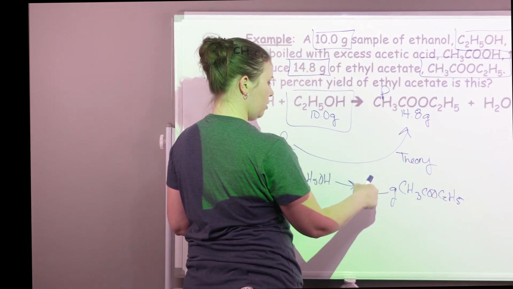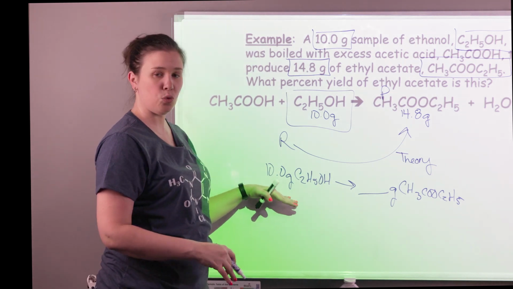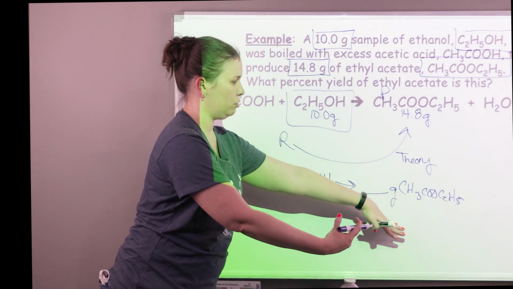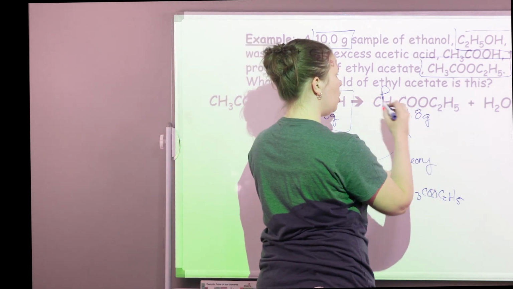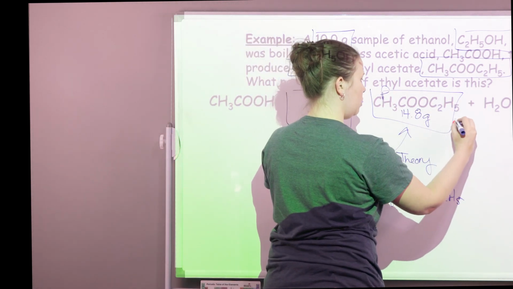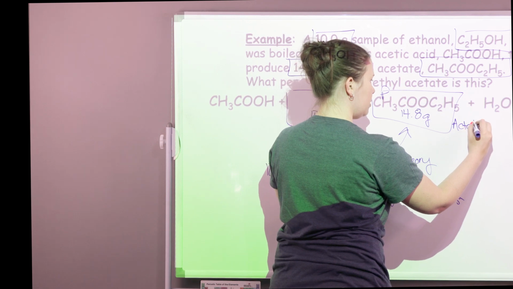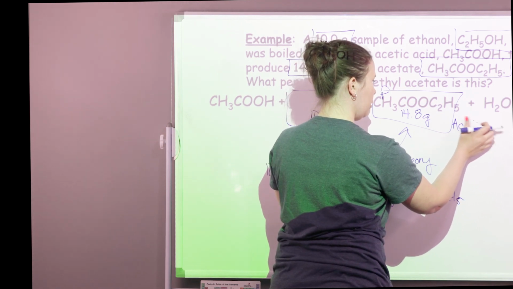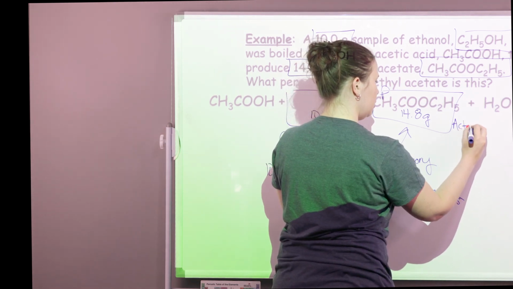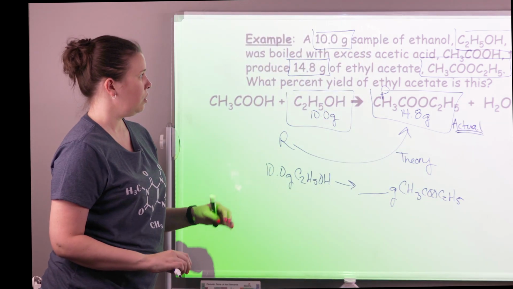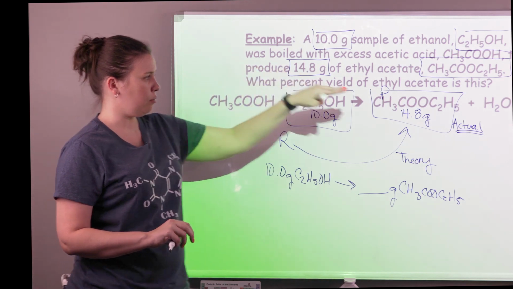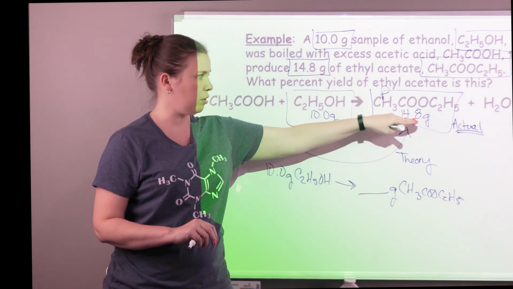That's going to give me my theoretical yield. How much would this reactant actually produce? Then we're going to compare that to how much actually was made. The reactant always gets converted into a theoretical product, but the product given is always just simply the actual yield. So if it tells you how much you got in the lab, that would be your actual yield.